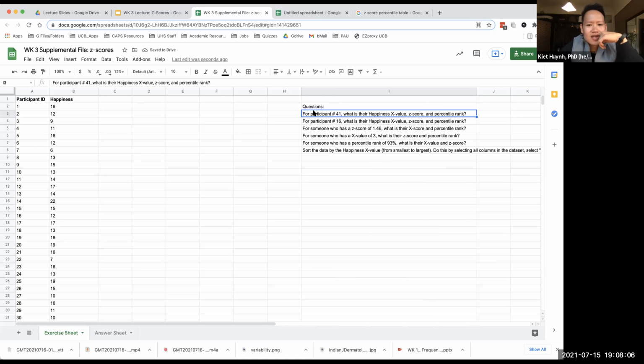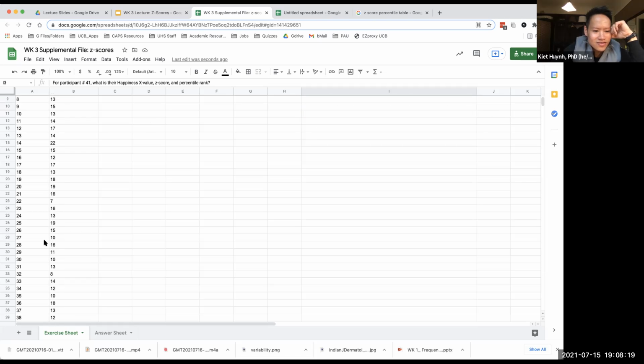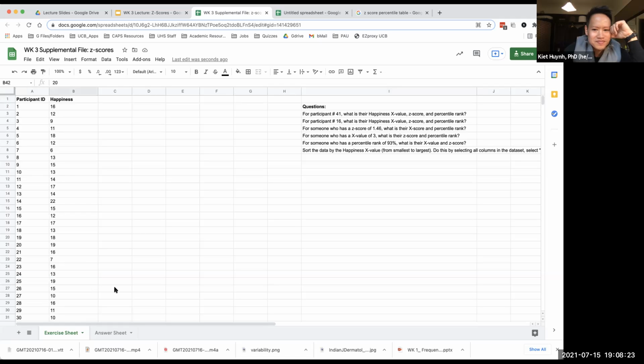All right. For participant 41, what is their happiness x value, z-score, and percentile rank? Okay, participant 41. Let's go down right here. The happiness x value is 20. We can write this in here for now.